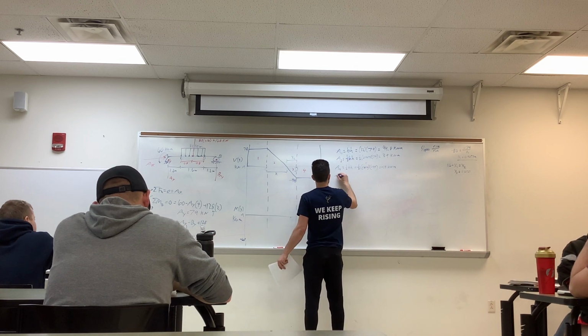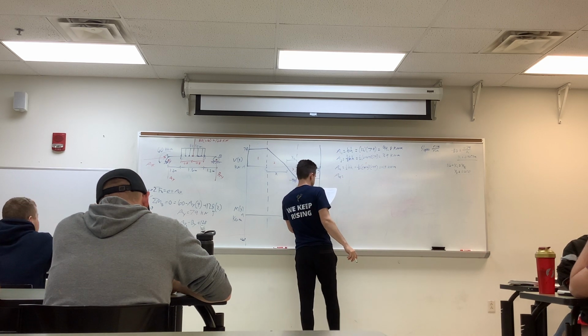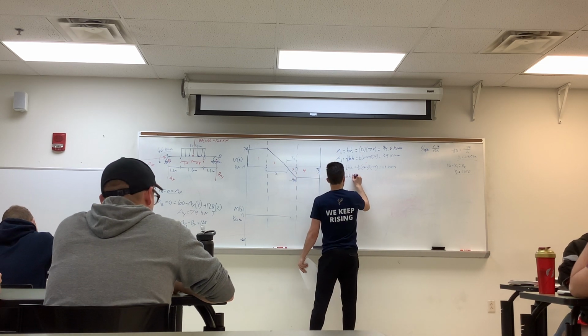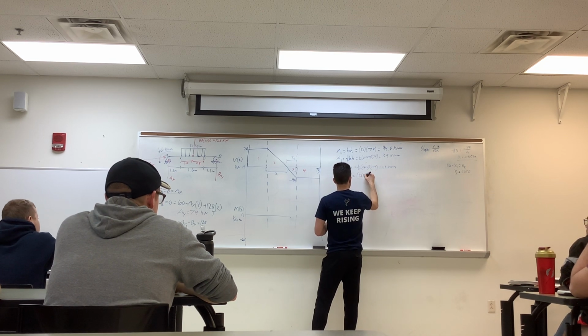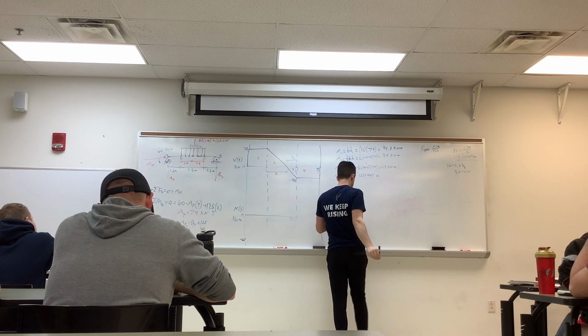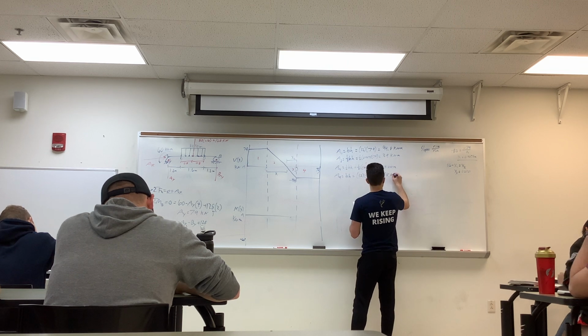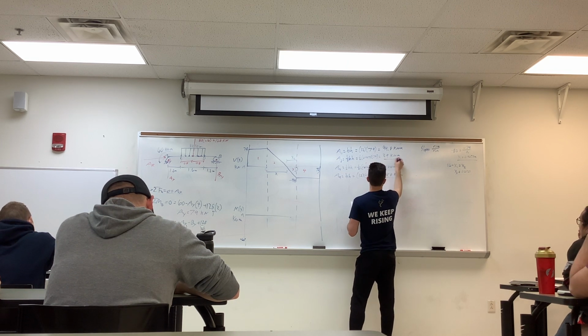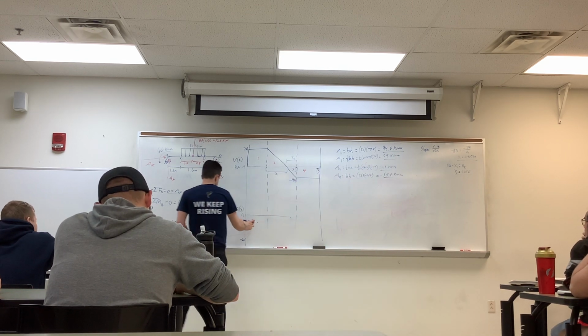Then lastly, the area of the fourth section is just a rectangle, base times height, so 1.2 by negative 49, giving us negative 58.8 kilonewton meters.